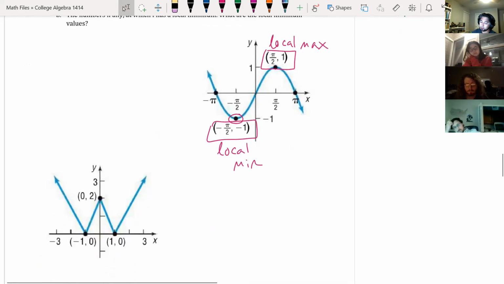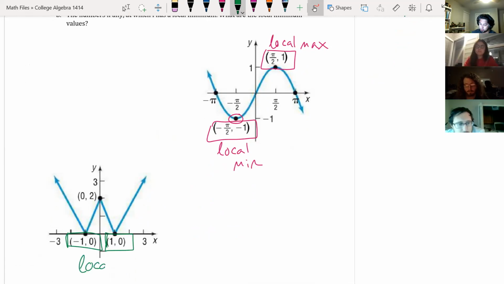Okay. And then the second graph, we see that the points -1, 0 and 1, 0 are both going to be our local minimums. Those are our lowest points on this graph.